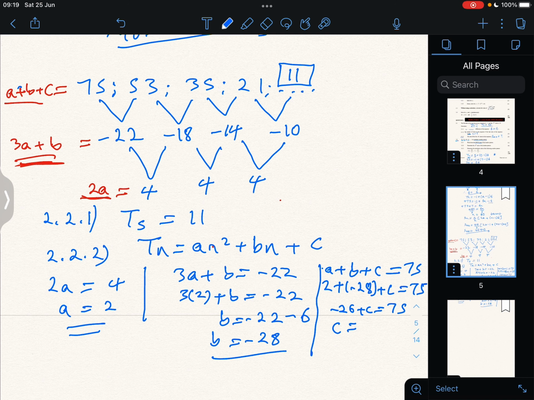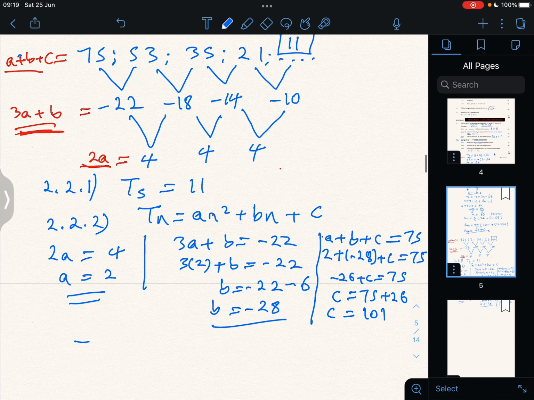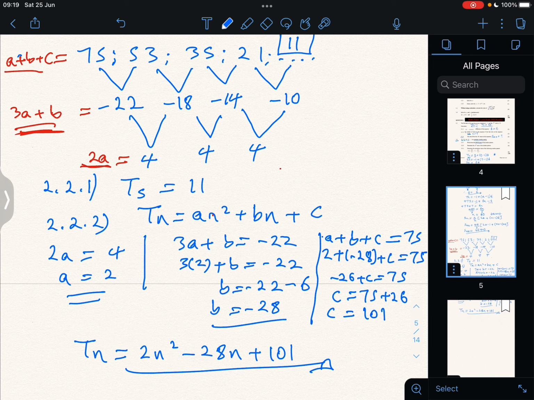Bringing the negative 26 to the right hand side, it's 75 plus 26. The value of c, therefore, is 101. Therefore, our general term now is 2n squared minus 28n plus 101. That's the answer there.